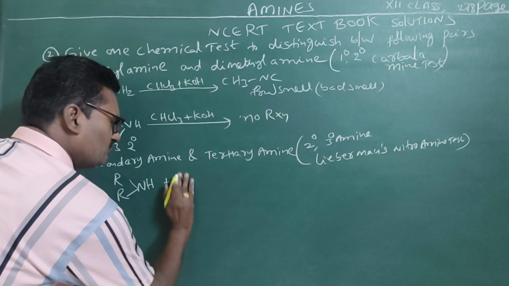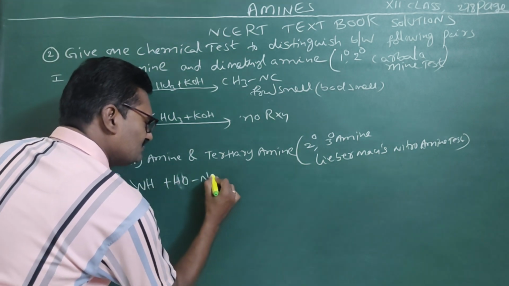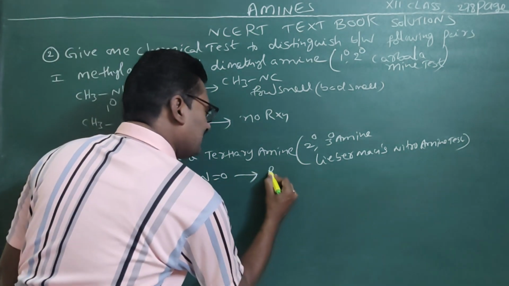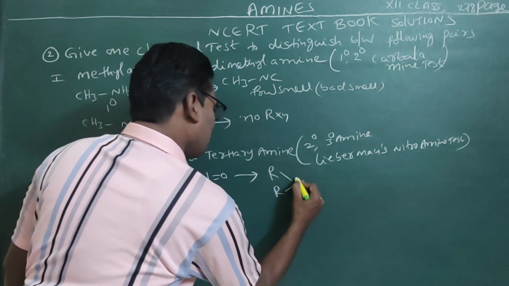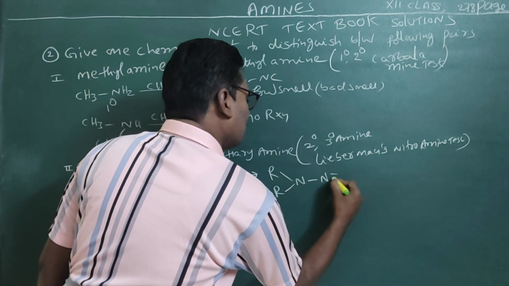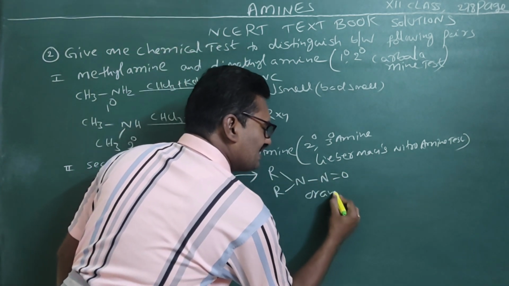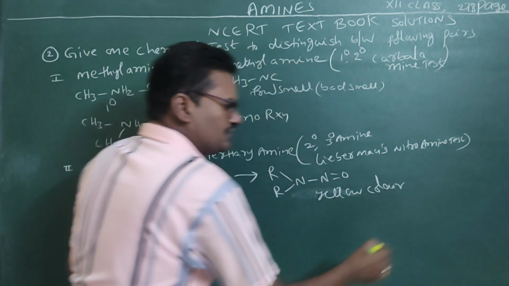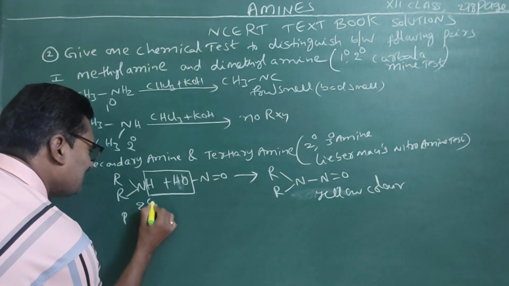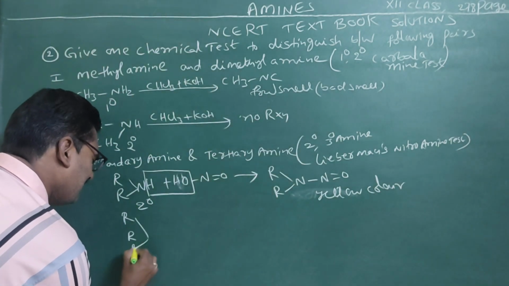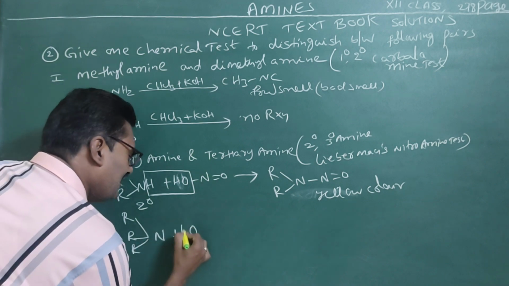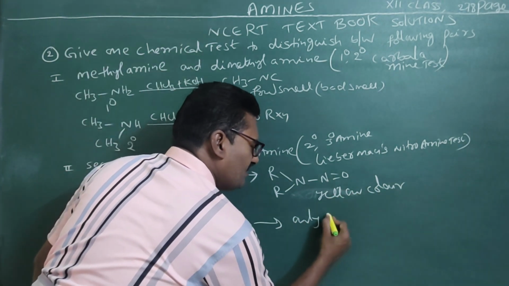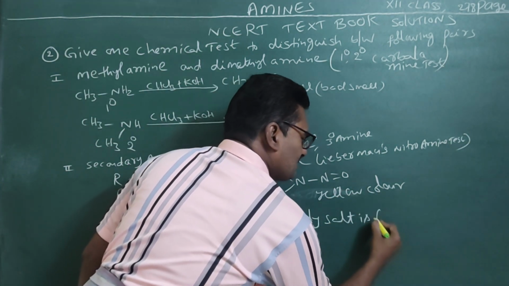By adding HNO2, H2O is removed, and the product is R2N-N=O, which is yellow in color. By adding HNO2 to the tertiary amine, there is no yellow color, only a salt is formed.